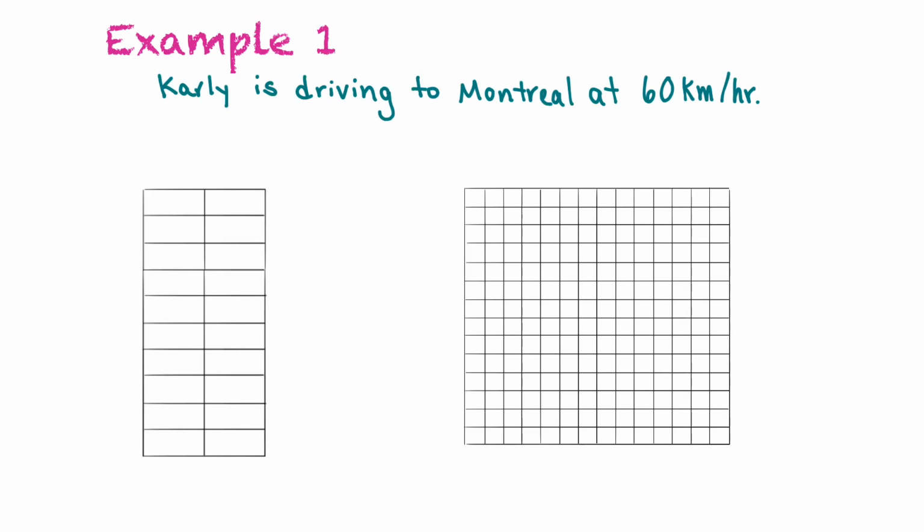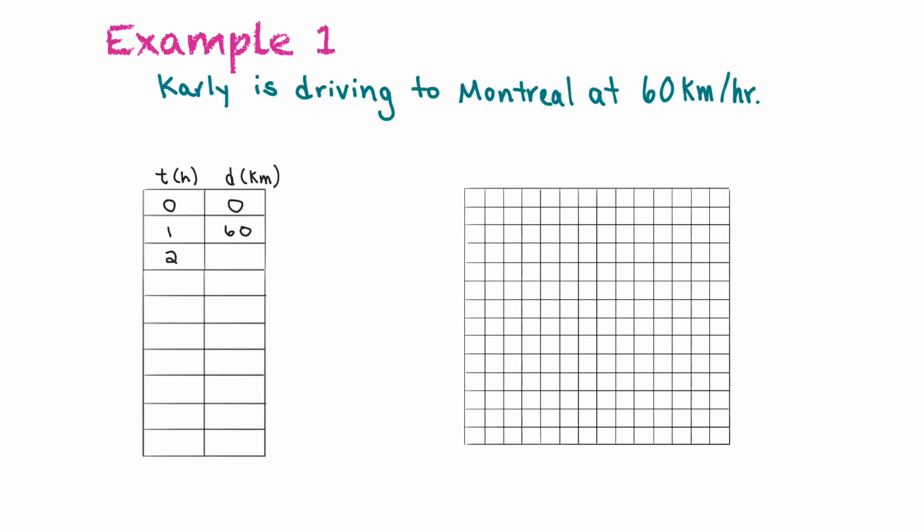So first we're going to fill in our table of values. So our independent variable is time in hours, and our dependent variable is distance in kilometers. So at time 0, she has gone 0 kilometers. After 1 hour, she's gone 60.